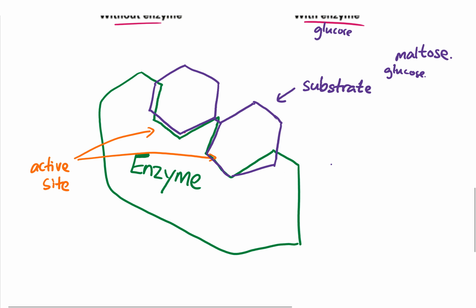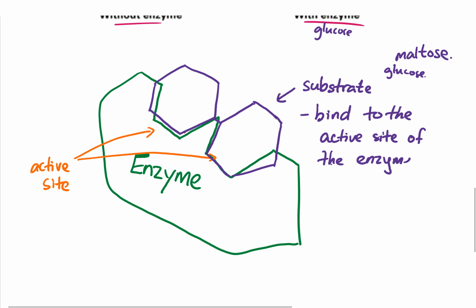So substrate is some reactant that needs to undergo some sort of reaction that can bind to the active site of the enzyme. And if you remember, the role of the enzyme is to speed up the reactions by lowering the activation energy, which is the barrier that can block reactants from becoming products. Now it's easier for the substrate to become the product, which is glucose.